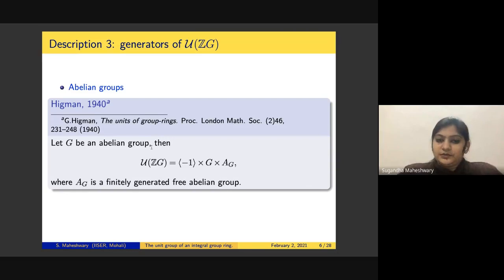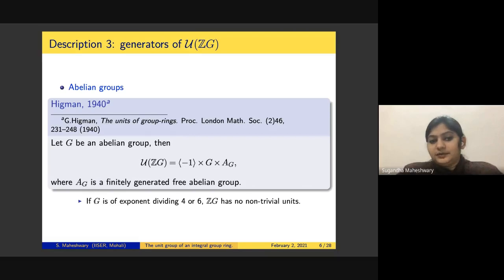This is an important result that one relies upon while understanding the case of abelian groups. And in the same paper where this result is given, one can come to the point that if G is an abelian group of exponent dividing 4 or 6, then it is going to have no non-trivial units. You're just going to have trivial units in that case.